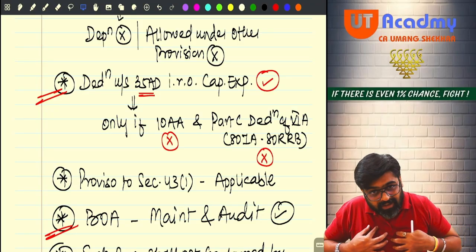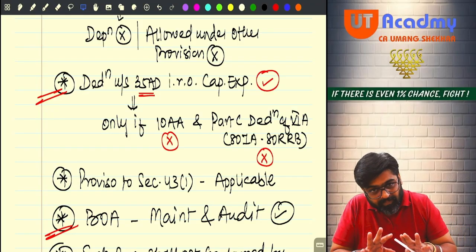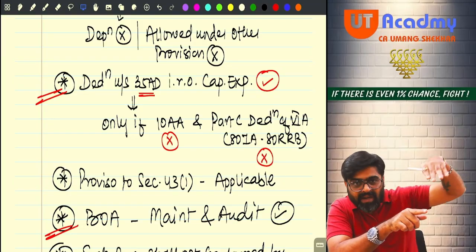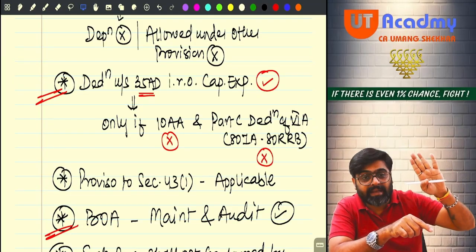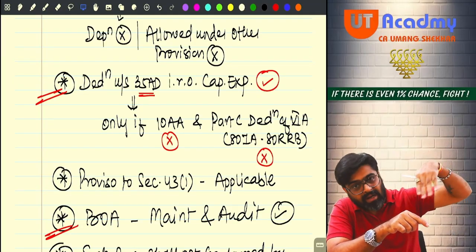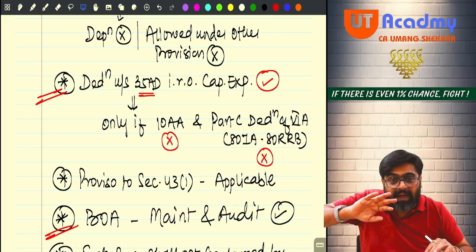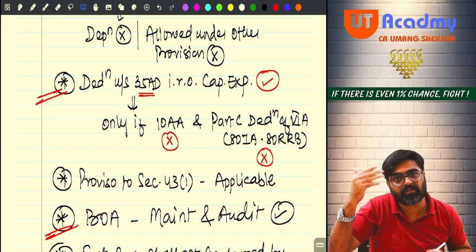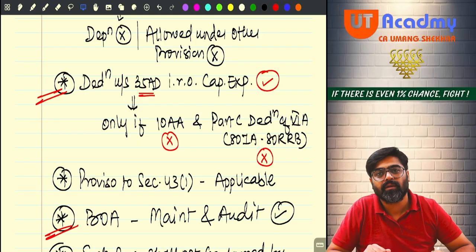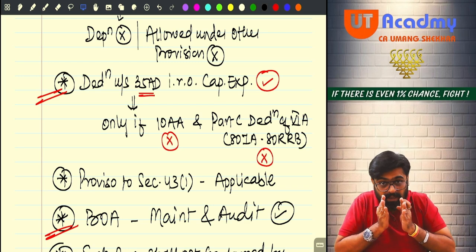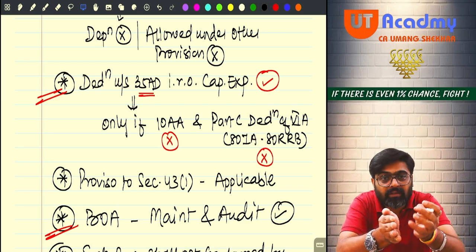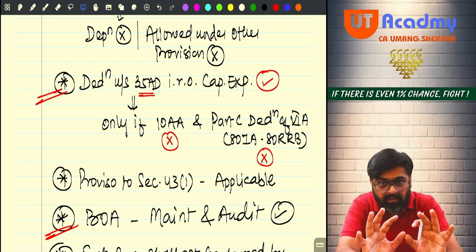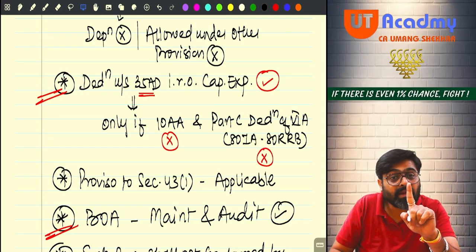The same assessee can claim 10AA for a different business, 80IA to 80RRB for a different business, and for another specified business he can claim 35AD. This restriction is for the same business. If all these benefits are available, claim only one benefit.